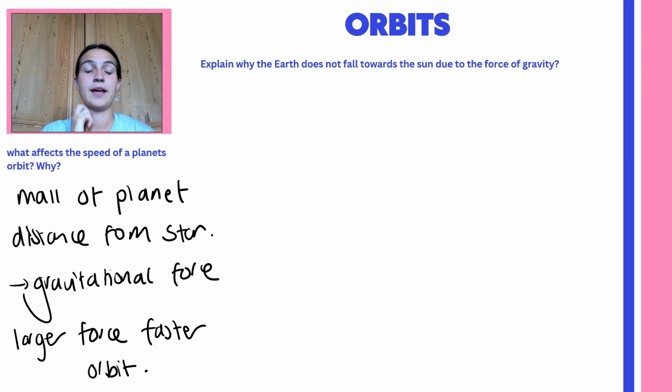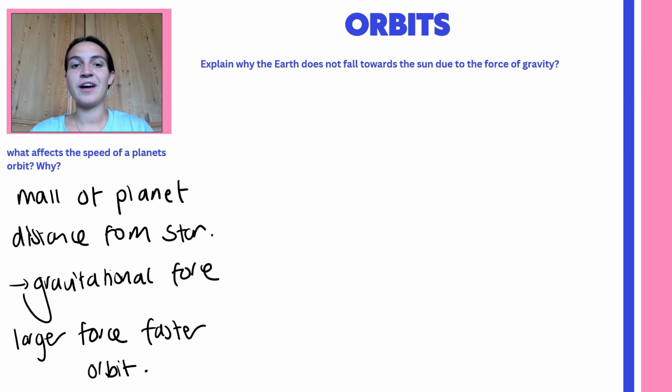So basically, the larger the mass of your planet and the shorter the distance between your planet and the star, the larger that gravitational force will be. And the larger that gravitational force is, the faster your planet needs to move around that star to maintain that circular motion.